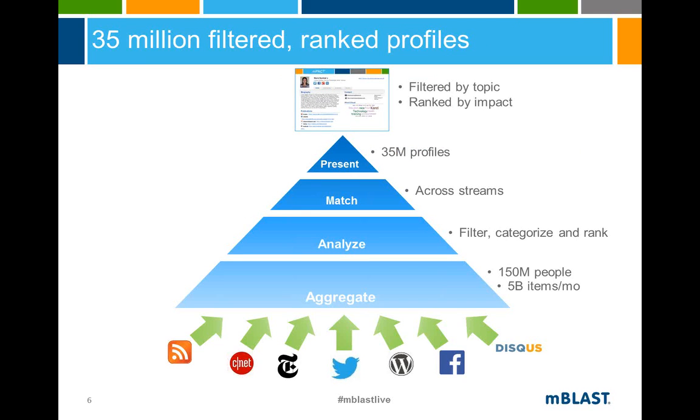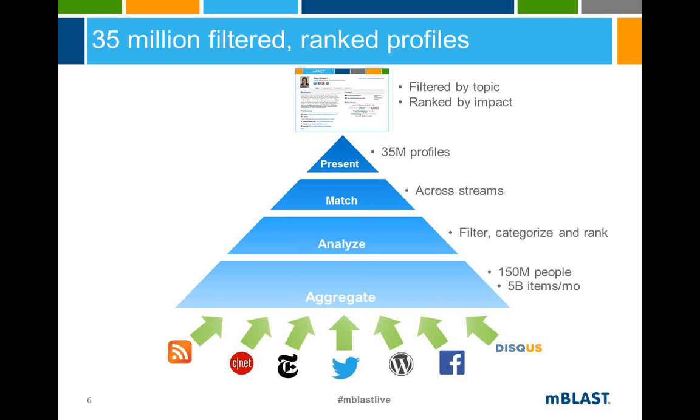Something else that's unique about what we do is we aggregate all that content, ultimately we're pulling all of that together into a consolidated social profile. That little image at the top of the triangle is a bit small. Pat will be showing you obviously something full size. But what's captured there is the author of particular content filtered by the topics you care about and ranked by their potential influence or impact on your business.